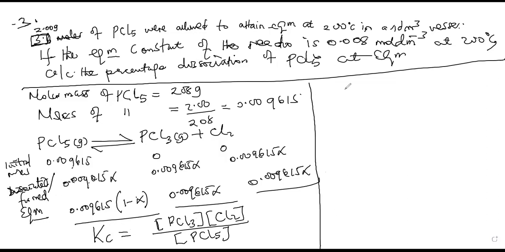It means that Kc 0.008 is equal to concentration of PCl3, which, since they are the same, we can square them. So it is 0.009615 alpha squared over PCl5, which is 0.009615 times 1 minus alpha.